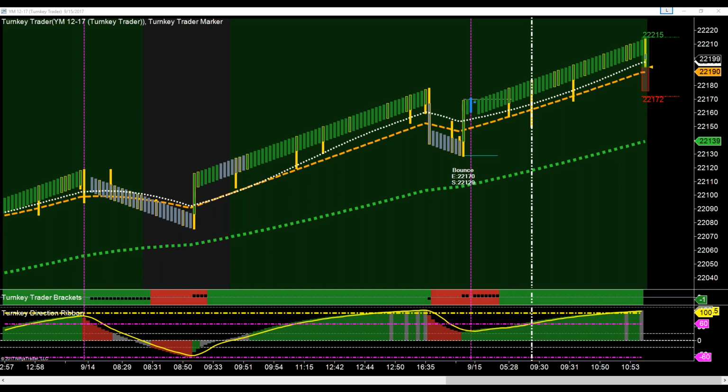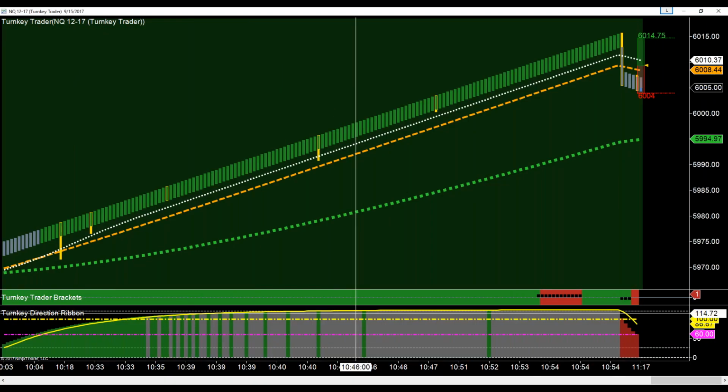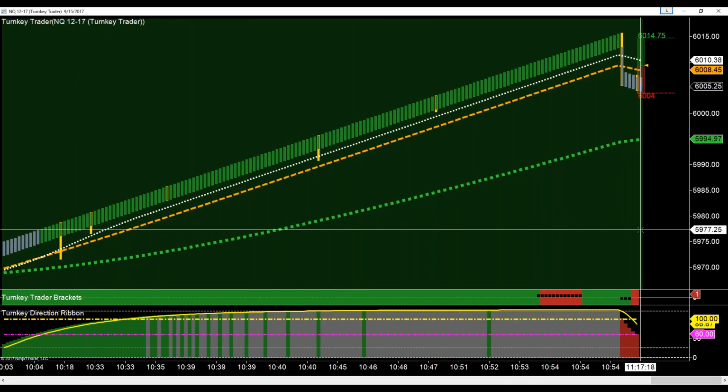Alan asks, when you say you like to see trades when the direction ribbon starts at 60, how far can the 60 be from the place where you enter the trade? That is an excellent question. And the answer is it doesn't really matter.